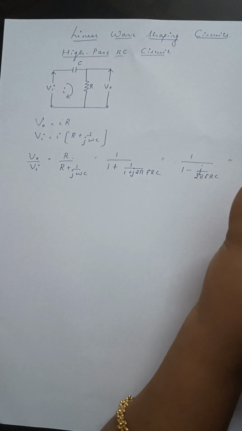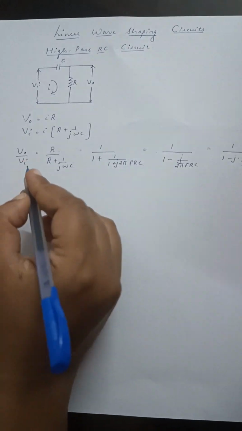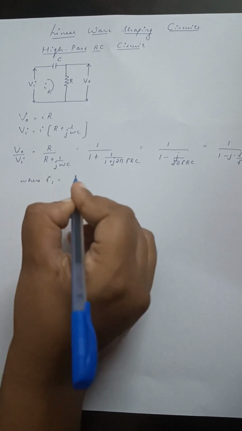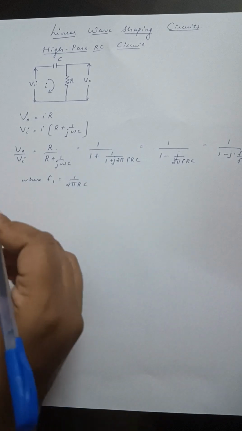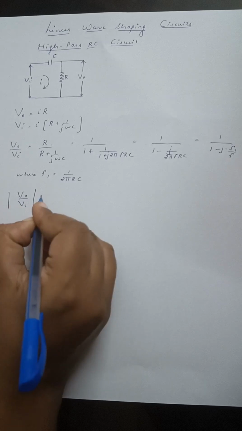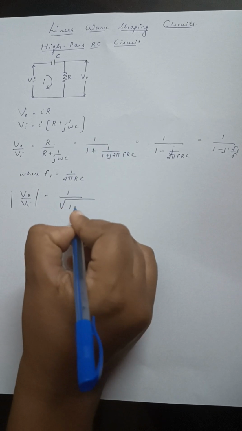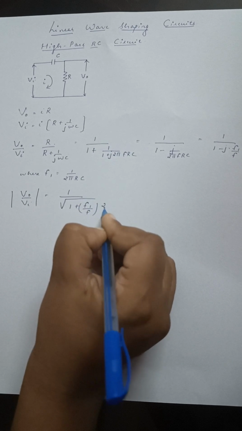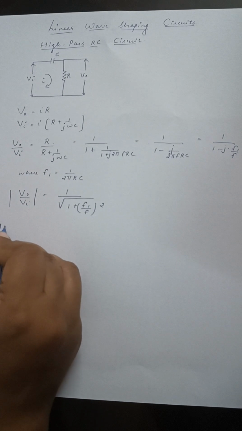Therefore, 1 by 1 minus j into f1 by f, where f1 is equal to 1 by 2 pi RC. Then we can write the magnitude of Vo by Vi as 1 by square root of 1 plus f1 by f the whole square. Now consider the conditions.